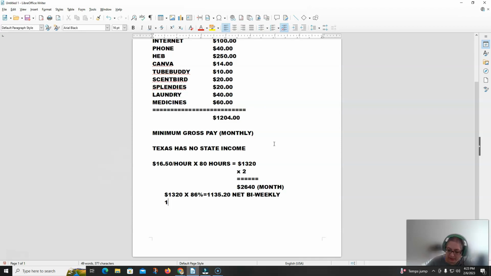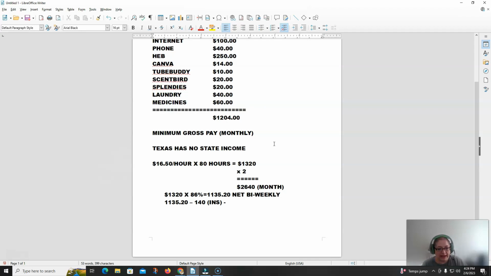Now, we have $1135.20 minus what we're going to do for insurance. And I am going to put $140 for insurance. And we are going to minus so much for 401k.